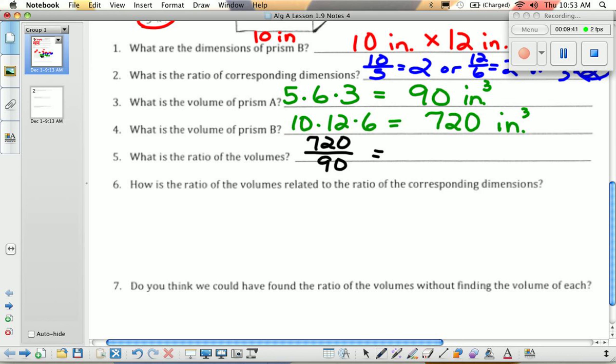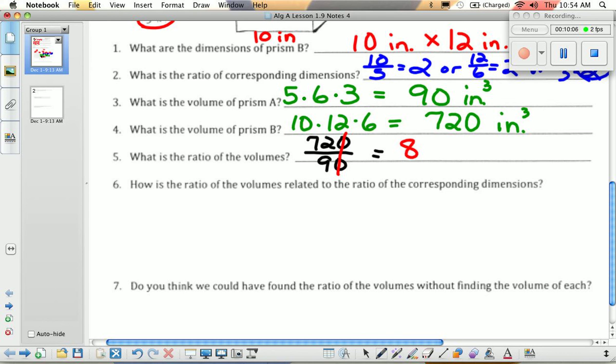I'm thinking, well, these zeros will cancel, and 72 divided by 9, that's 8, right? Yeah. So the ratio of volumes is 8, and those aren't inches cubed, you guys remember, that's just a ratio of volumes. That is telling us what then? It's 8 times bigger. The new prism is 8 times bigger than the original one.